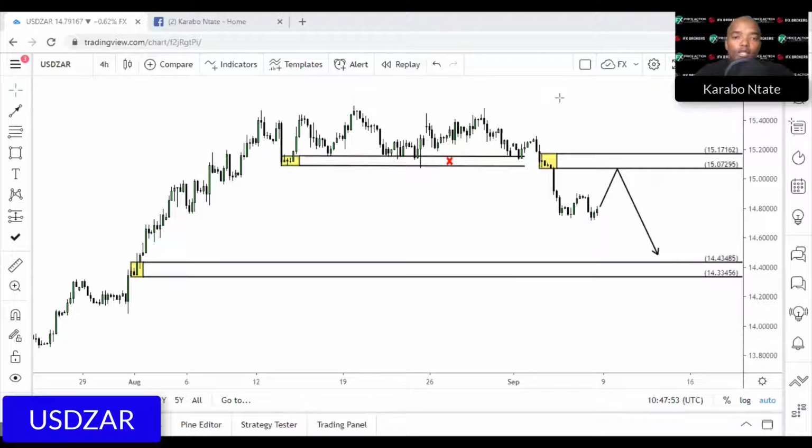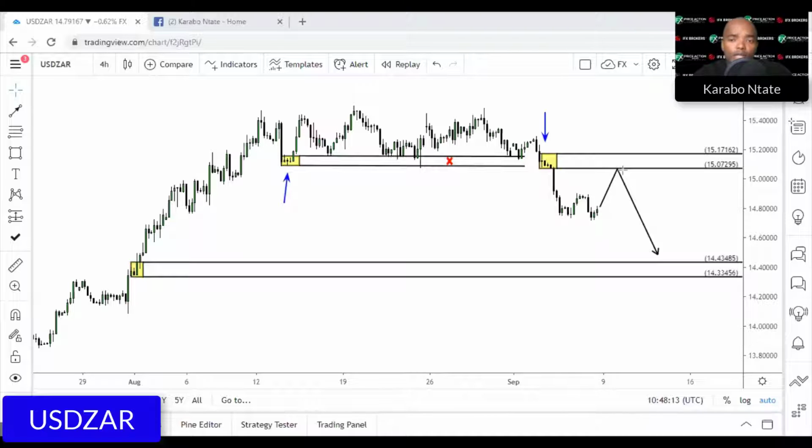So using supply and demand imbalances, we know for every zone to be created, it must have been removed by an opposing zone. In this case, we have demand removed by supply.